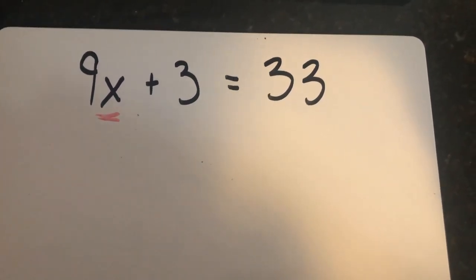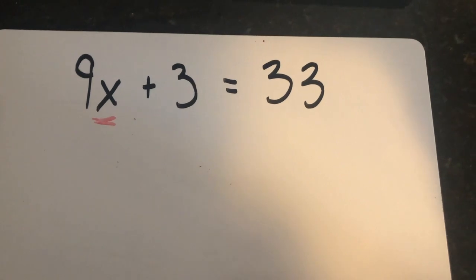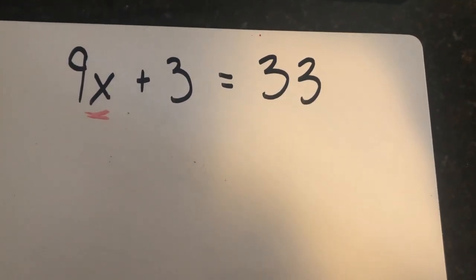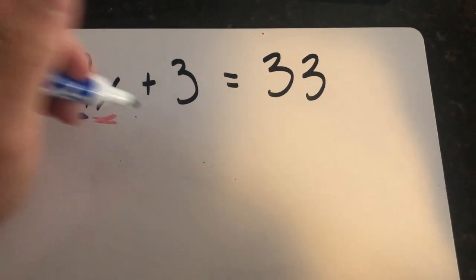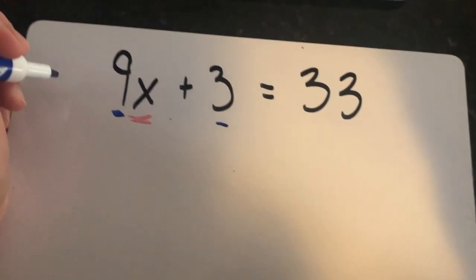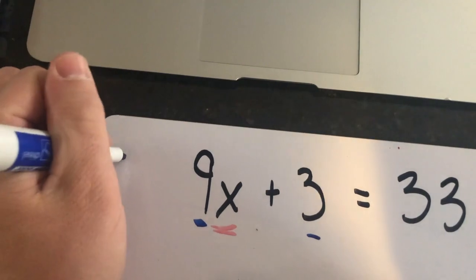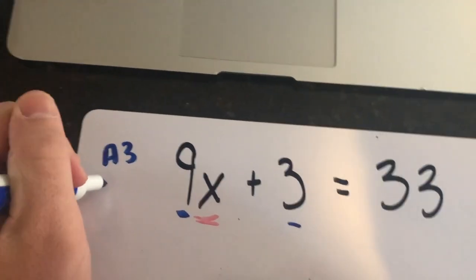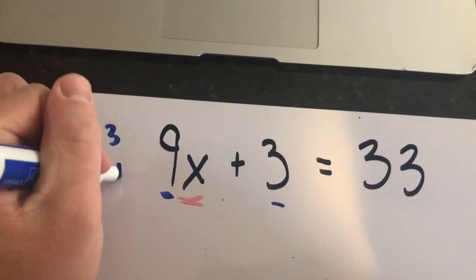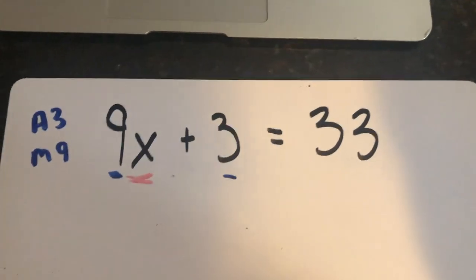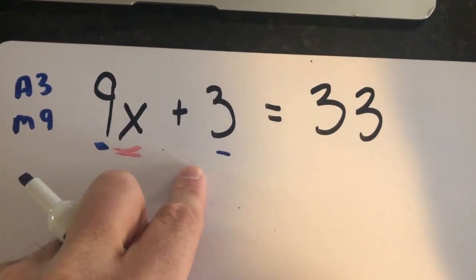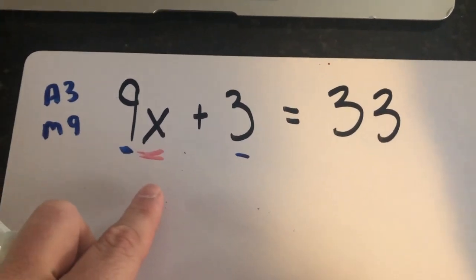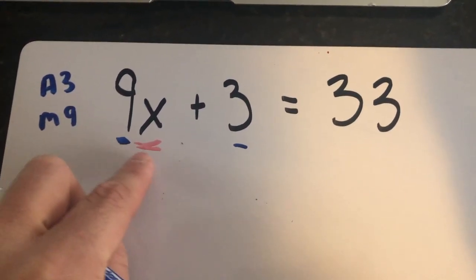The 2 things that we need to take care of to solve this equation are both this 9 and the 3. More specifically, it's an addition of 3 and a multiplication of 9. So if you see again, the addition of 3 is causing the problem of x not being isolated, as well as that multiplication of 9.